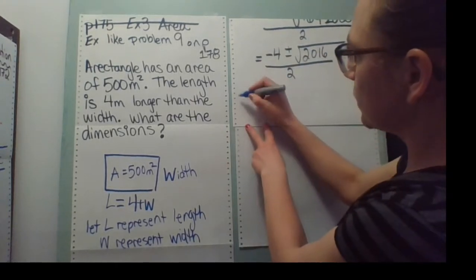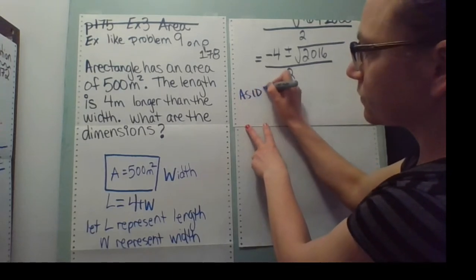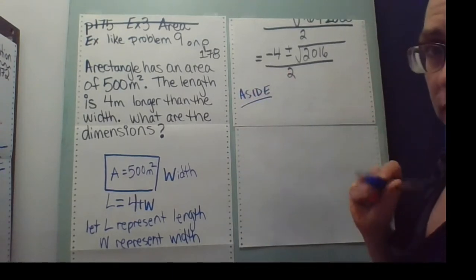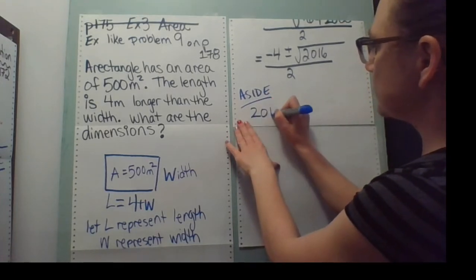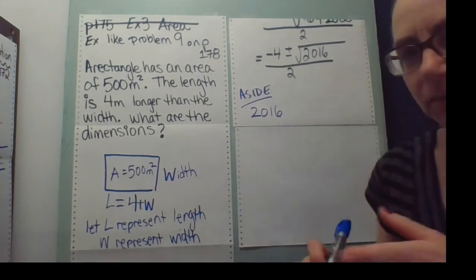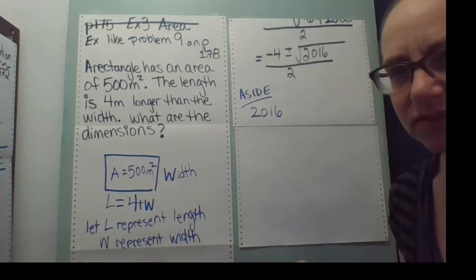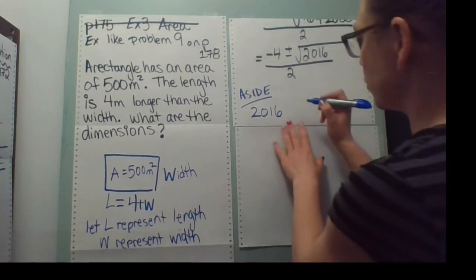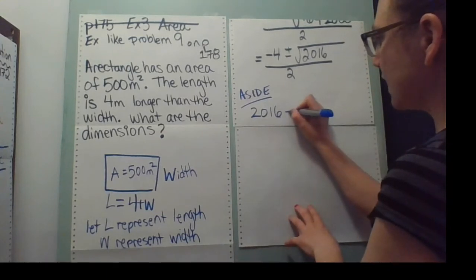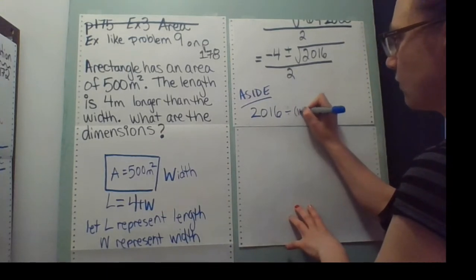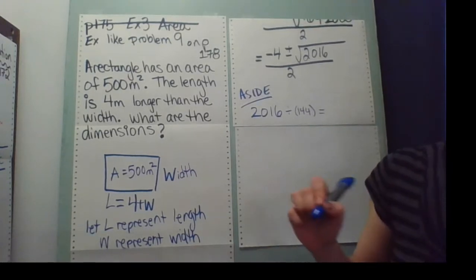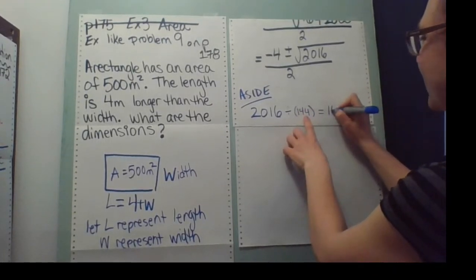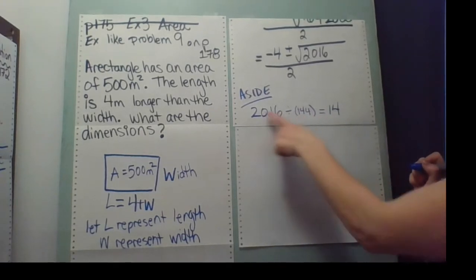So let's just do a little aside here. Okay, and let's think about this. 2016. Well, I know all my different perfect squares. What's the biggest one, easiest one? 12 squared? Sure. Does that divide it, what's 12 squared? 144? It does! Who knew? 14. 14 times 144 gives me this.